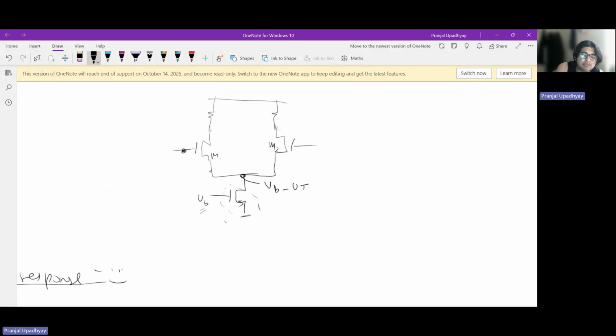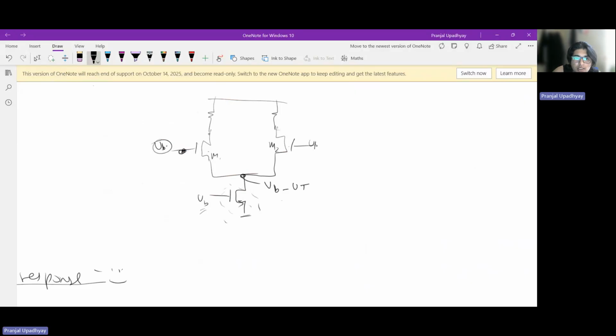And so what should be the minimum voltage to ensure that this guy is in saturation and this guy is also on? It should be VB. Why? Because it should be at least one threshold voltage greater than this, right? So if this is the common mode signal, then at this voltage we can say this guy is ensured to be in saturation and this guy is also on.